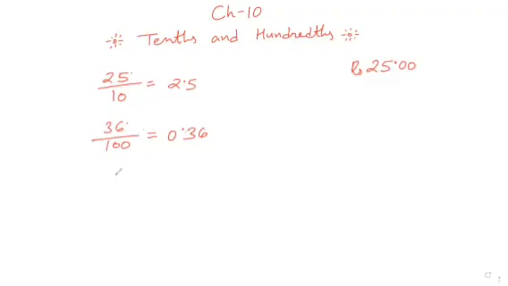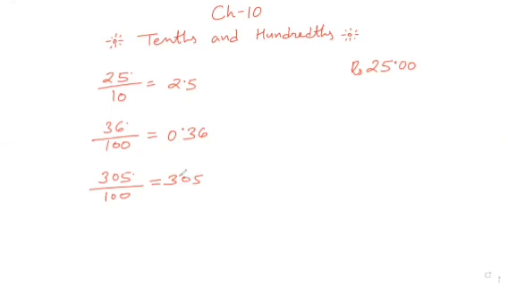One more example I am taking, my dear students. Suppose I have the number 305 upon 100. What should we do in this one? Yes, you can guess. 305, the decimal is here. It will shift two places this side. So 1, 2. We put it like this: 3.05.